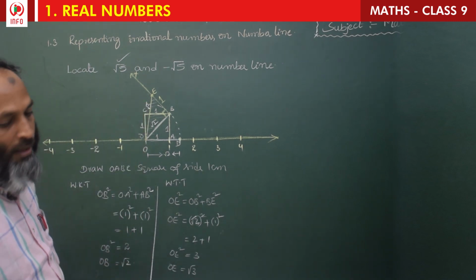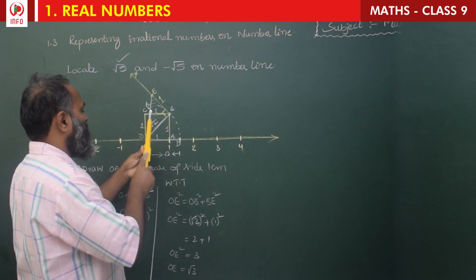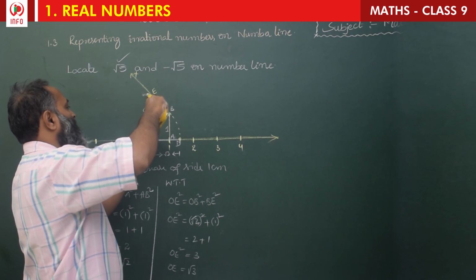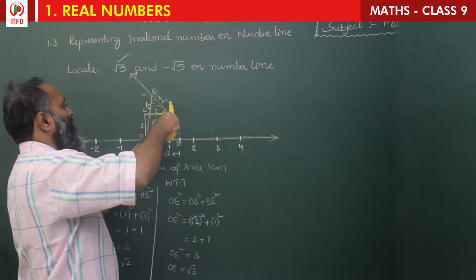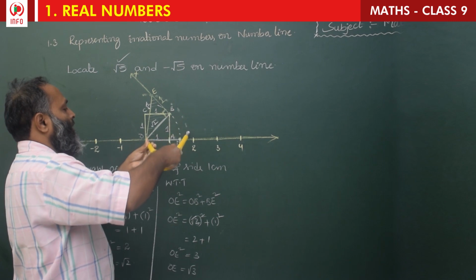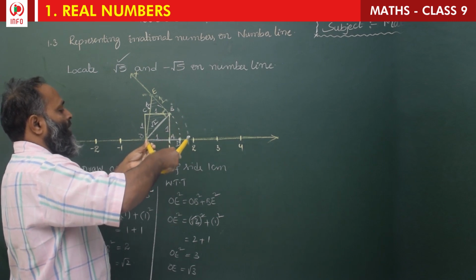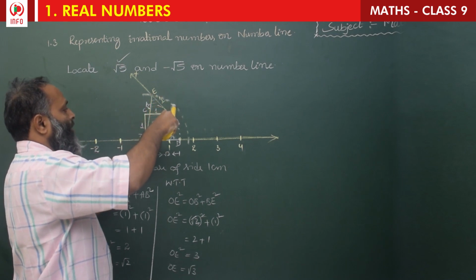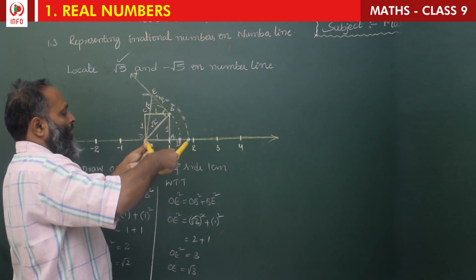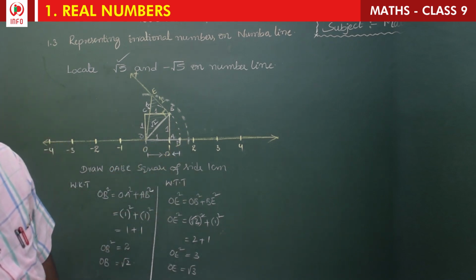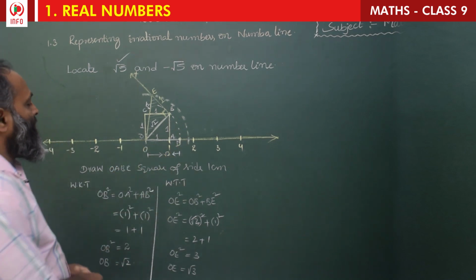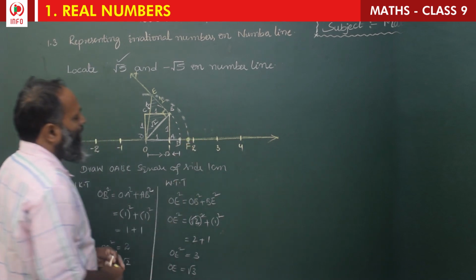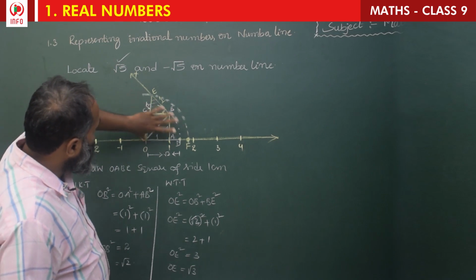Now with O as a center and OE as a radius, draw an arc which cuts the line at a point F. So this is the point F. Now OE is equal to OF.